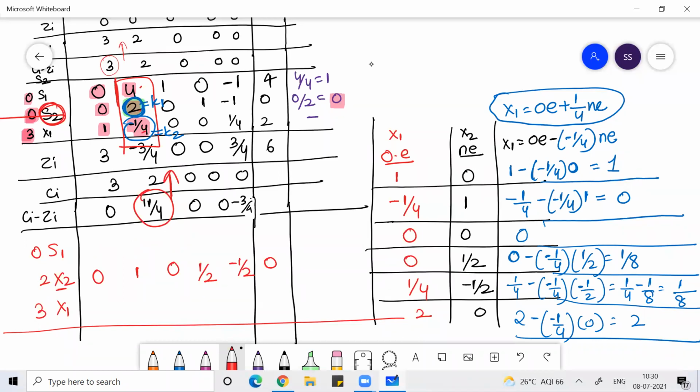I found the value of x1, right? So that is 1, 0, 0, 1 by 8, 1 by 8, and 2. Done, everyone?